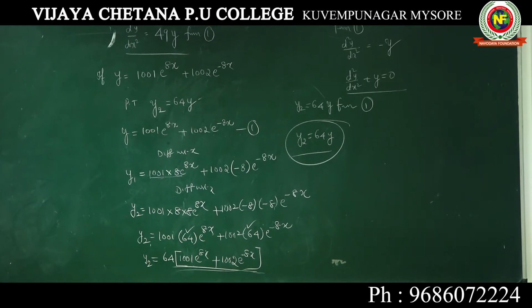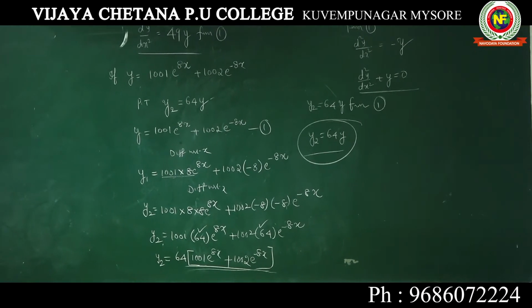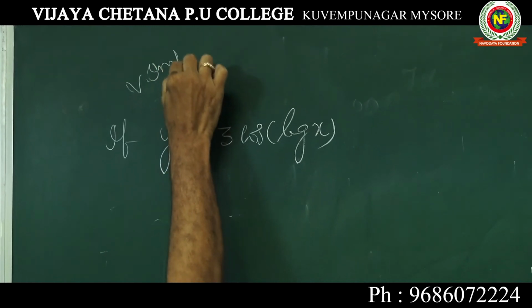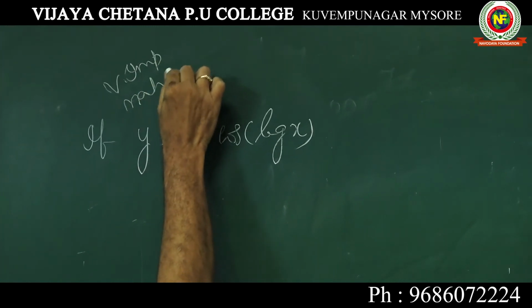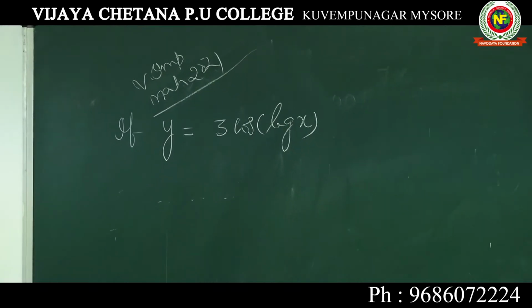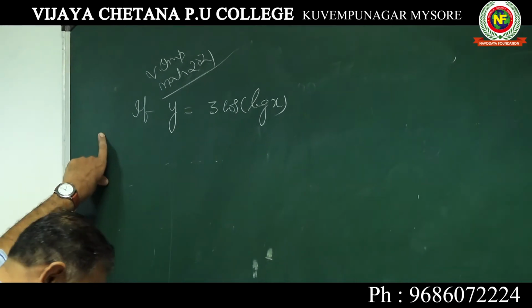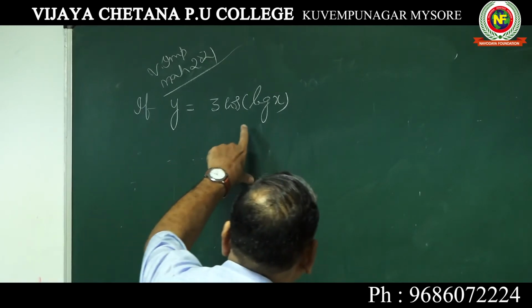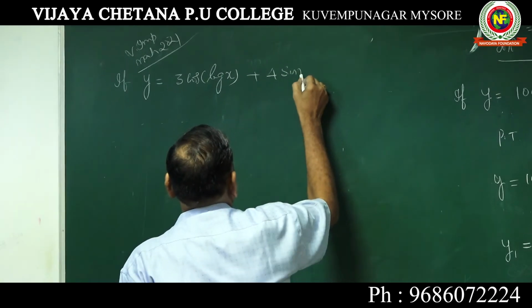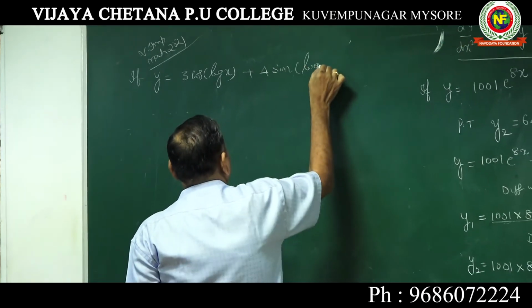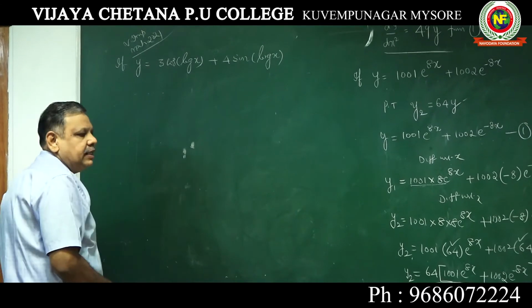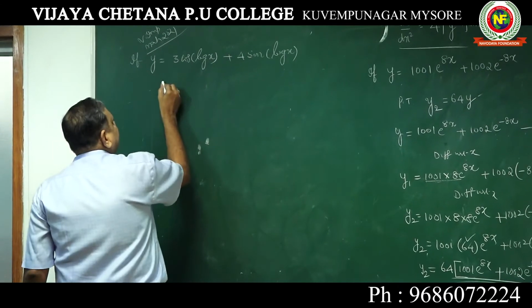If y is equal to 3 cos log x plus 4 sin log x, very, very important, and you may get it in March 2021.